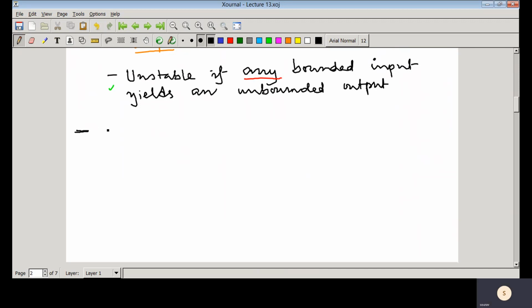We consider some example. Suppose you have, let's say, G(s) is a transfer function, that is 1 by s square plus 1. So this is the output by input.